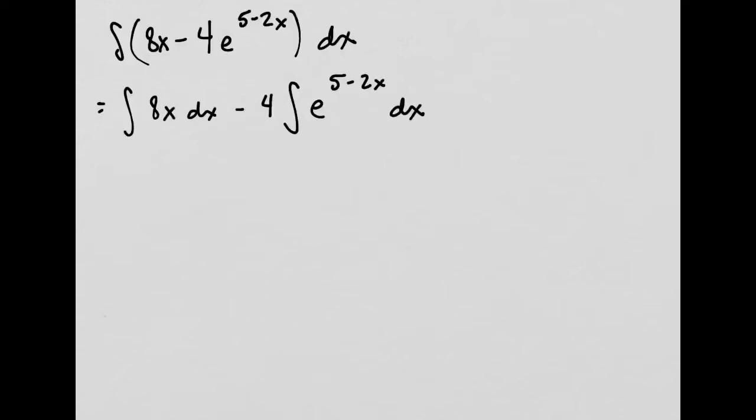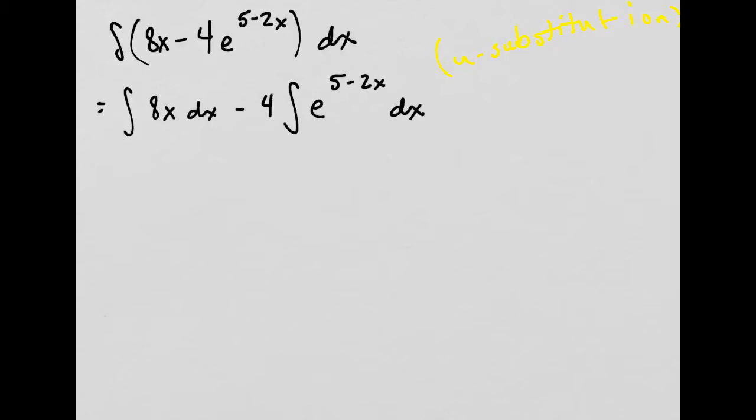With what we understand so far, we don't necessarily know how to deal with something that's a little more complicated in the exponent. We will when we get to u substitution. So u substitution will be how we handle this in the future, but today we don't have that tool if we have never taken calculus before.